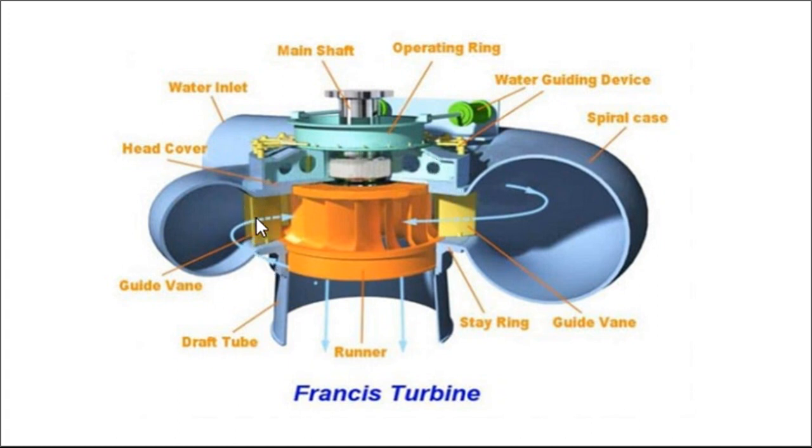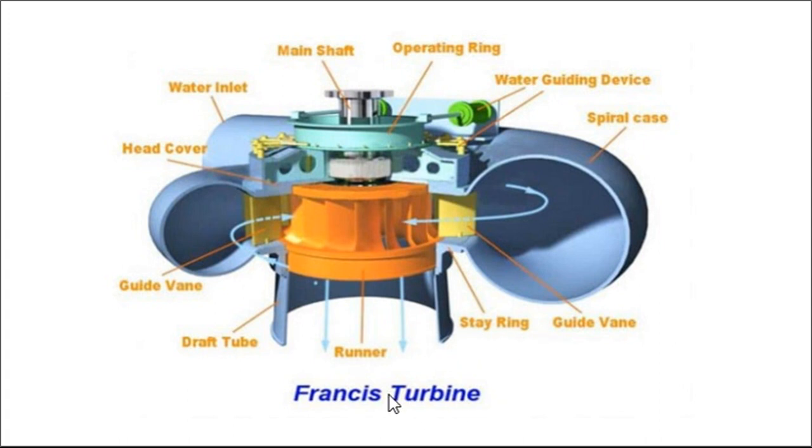Partial conversion takes place in the guide vane and the remaining takes place in the runner. So at the end of the runner, since pressure is continuously reducing from the guide vane to the runner exit, the pressure may be low. That's why we use a draft tube having an increasing cross section. The casing is just used to guide the water for a proper, smooth flow.